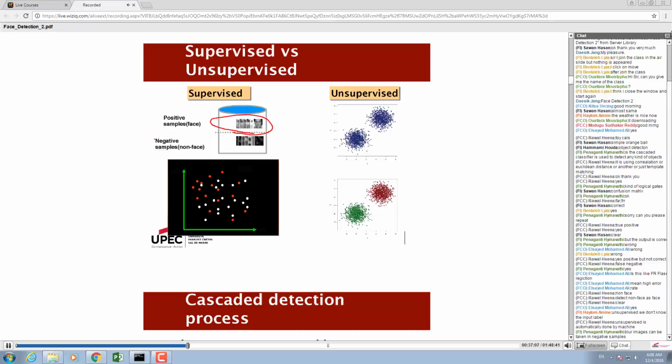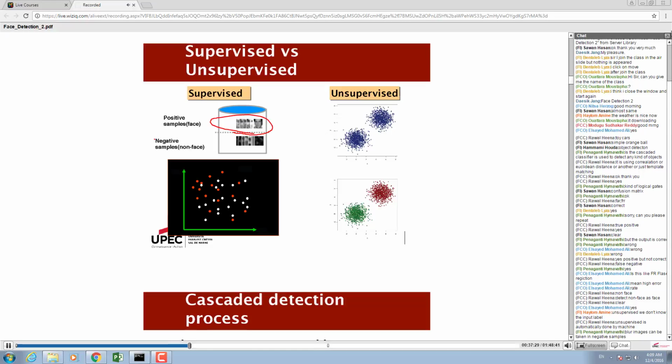But by analyzing some feature space and the feature distribution, the unsupervised learning is to distinguish these two objects automatically. Okay, that is the unsupervised training learning system.